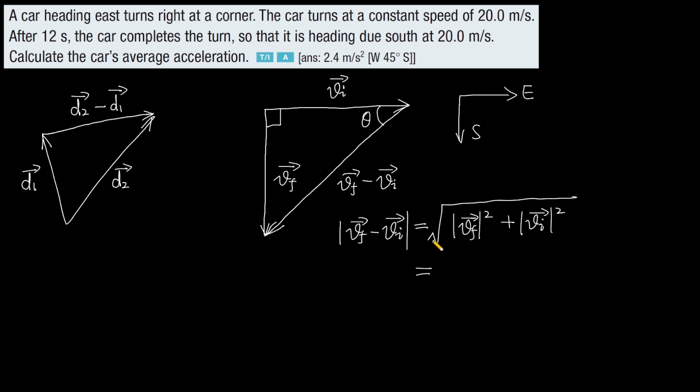We know the magnitudes of the final velocity and the initial velocity are both 20 meters per second. So this is the square root of 20 squared plus 20 squared, and this equals 28.28 meters per second.